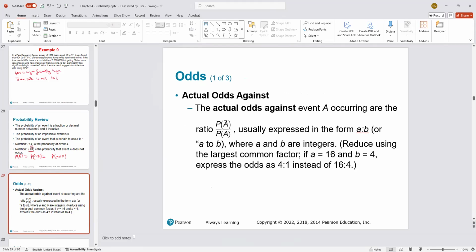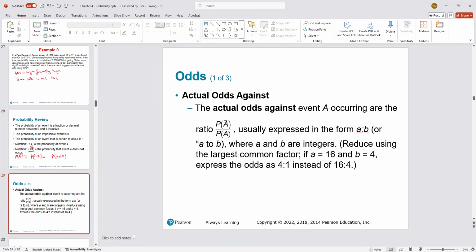We see these definitions. The actual odds against event A occurring are the ratio of the probability of not A over the probability of A, usually expressed in the form of ratio A colon B or A to B, where A and B are integers, reduced using the largest common factor. If A is 16 and B is 4, express the odds as 4 to 1 instead of 16 to 4.